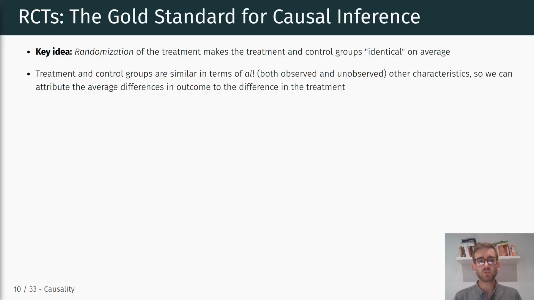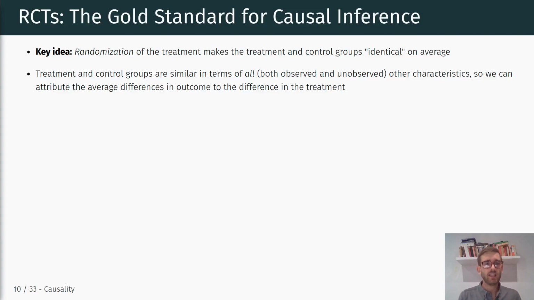But ultimately, to give you an intuition, the treatment and control groups under complete or perfect randomization are on average similar in terms of all characteristics, both observed and unobserved, because they are randomly allocated to the treatment or the control group, so that the only difference between those two groups is the actual treatment status itself, right?